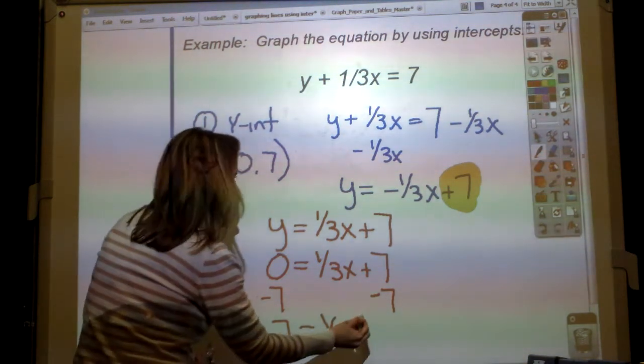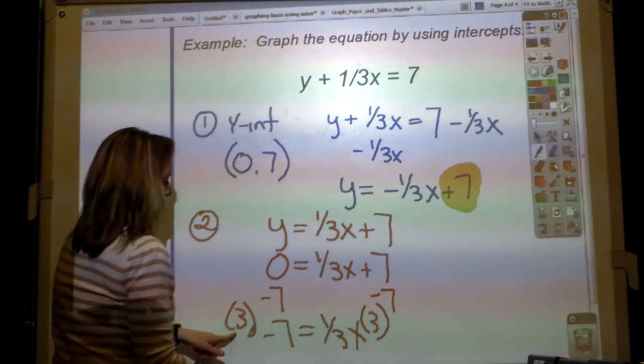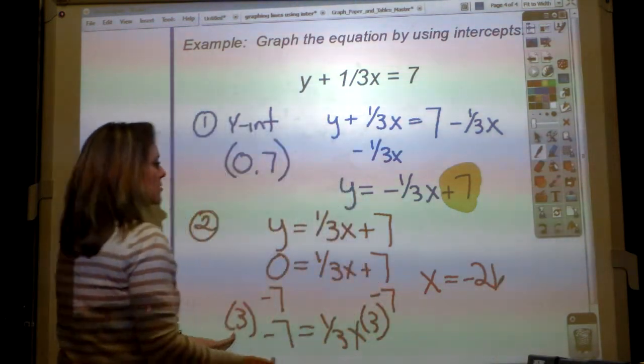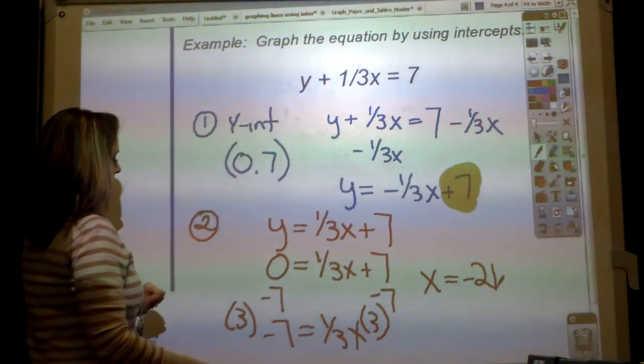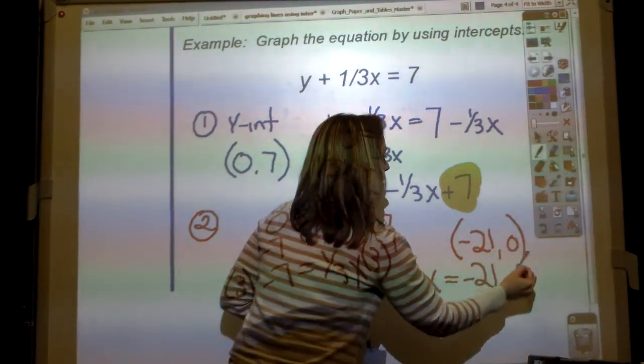To solve that, we'll multiply both sides by -3. So we're going to get a big number here. X is equal to 21. So that means our x-intercept is going to be at 21, 0.